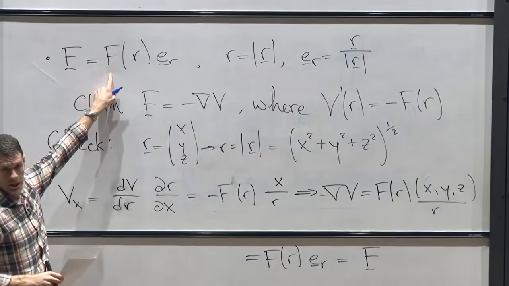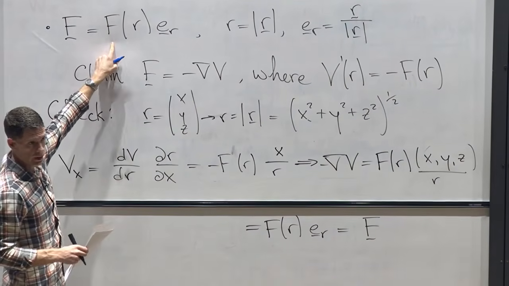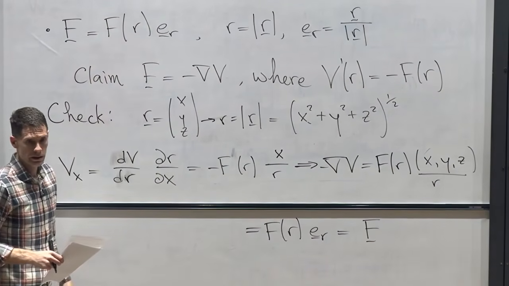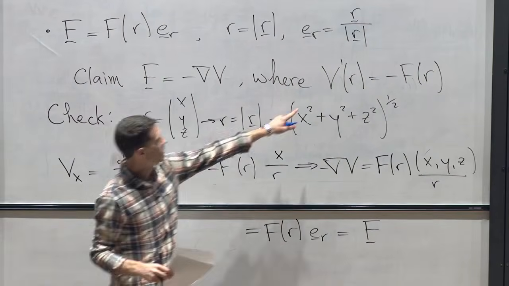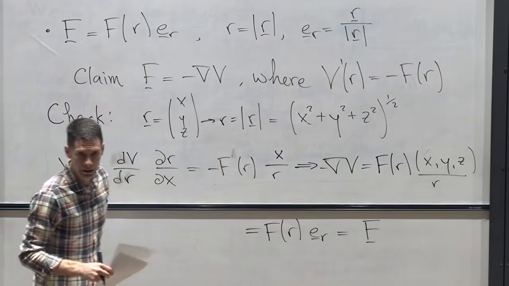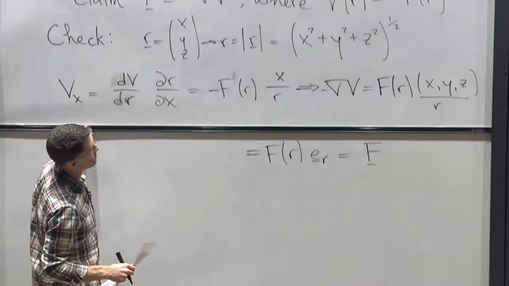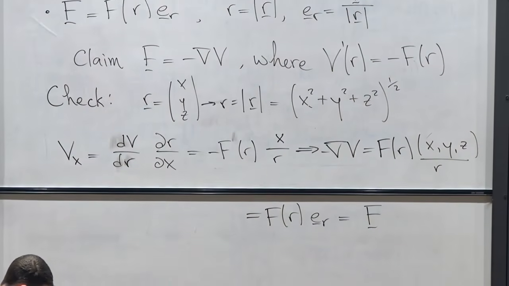So that's a particular kind of central force where I have a scalar function of radius, and the statement is that the potential energy, I just need the antiderivative of that scalar function. Okay.